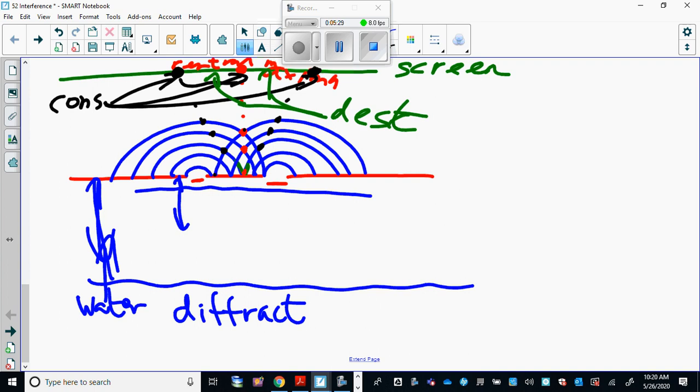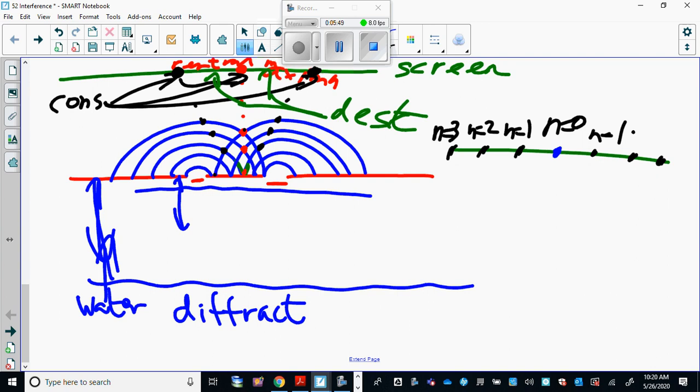So on the screen, eventually, you're going to get, sorry, that's a little messy, but in the middle, you've got n equals 0. n is the order number.